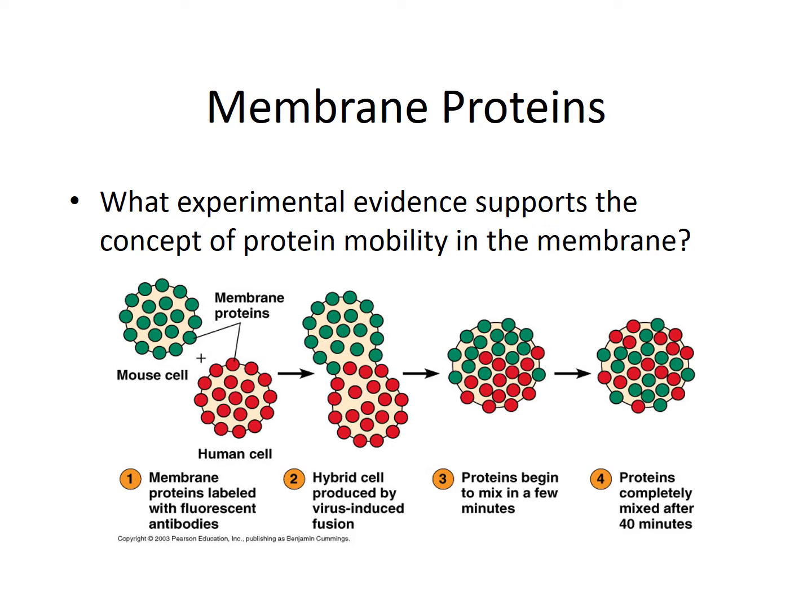So are proteins mobile? Some of the earliest work where they would take a fluorochrome that's green in mouse cells, and human cells, proteins were labeled in red, and actually fuse them together using a virus fusion protein, hemagglutinin from flu virus.